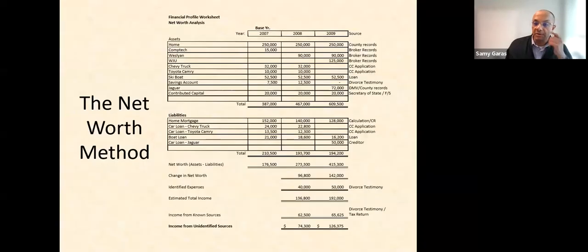Yep, here you go. This statement here, it shows from where the fraudster or the criminal get assets. And here, as you can see, we see all the assets that the fraudster or the person, the criminal, has over the years, and where the liabilities are going to, and the difference between the assets.